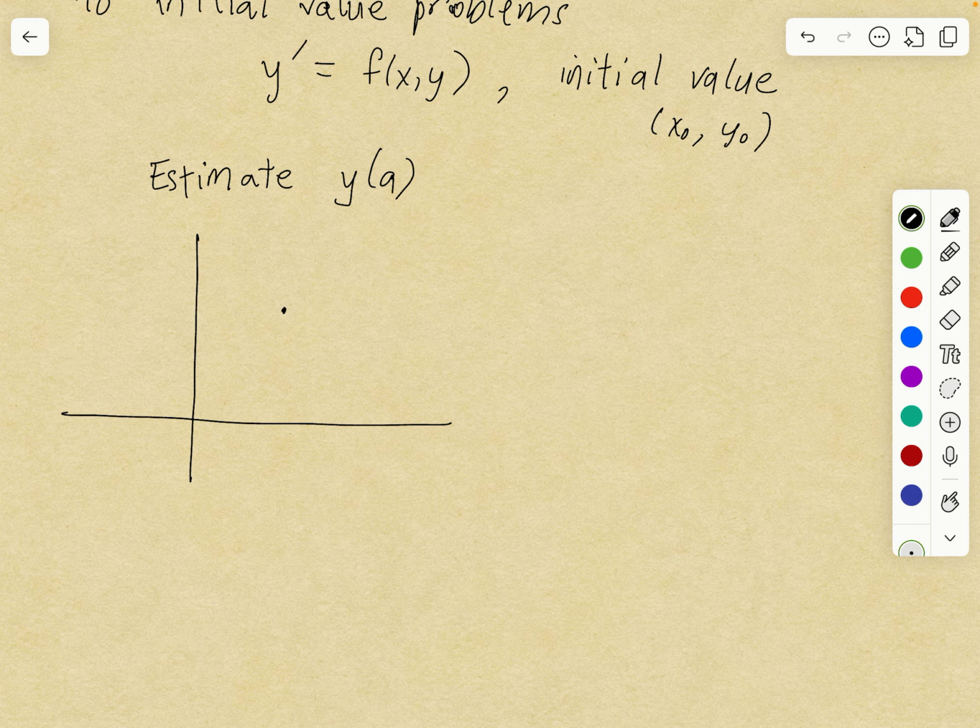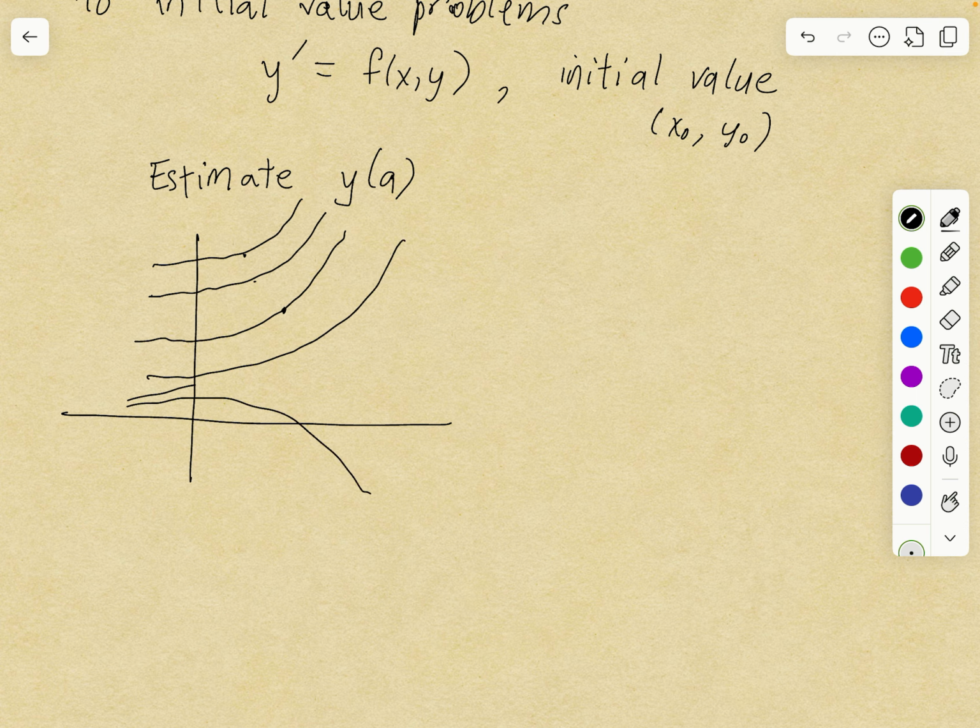As long as your differential equation is nice, there's a unique solution. So there's exactly one solution curve passing through each point. So let's say that your solutions to the differential equation look like this. Okay, at every single point, there's a solution curve. The solution curves don't touch. So the solutions fill up the plane.